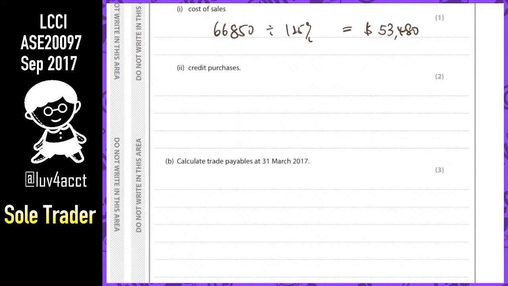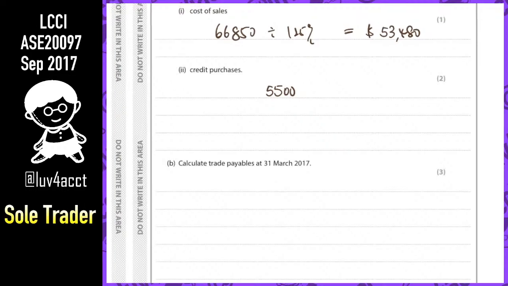Opening inventory 5500, add purchases, less closing inventory 4750, is equal to cost of sales 53480. That will be 52730.